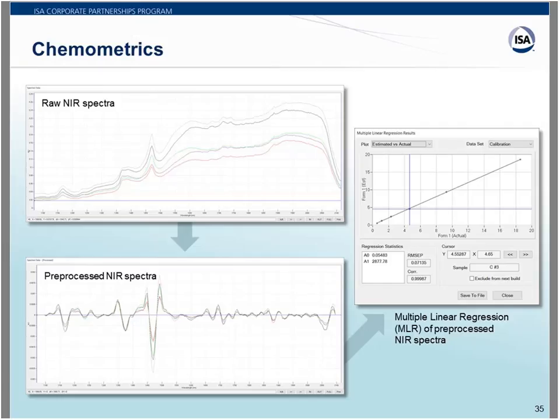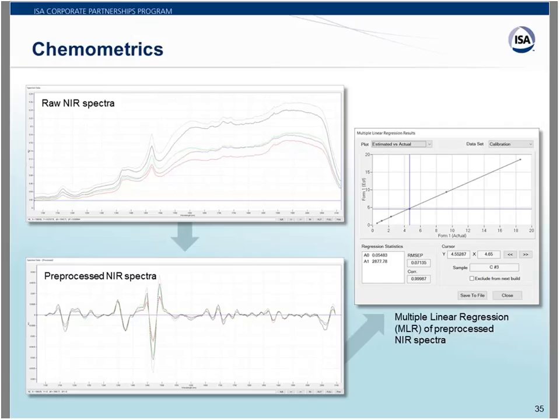This mathematical pre-processing was carried out using a commercially available chemometrics software package, and the pre-processing steps were second derivative and standard normal variate methods. Once the pre-processed spectra are obtained, they can be used to build a statistical model, of course, which can predict the component of interest quantitatively.